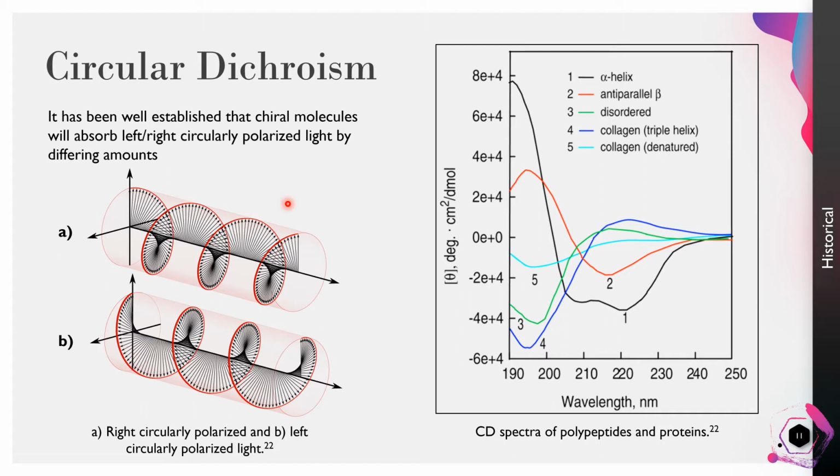And this has found great applications in biochemistry specifically, where we can monitor the asymmetric absorbance of one circularly polarized light over the other in order to determine enantiomeric excesses, as well as certain structural properties of biochemical compounds.